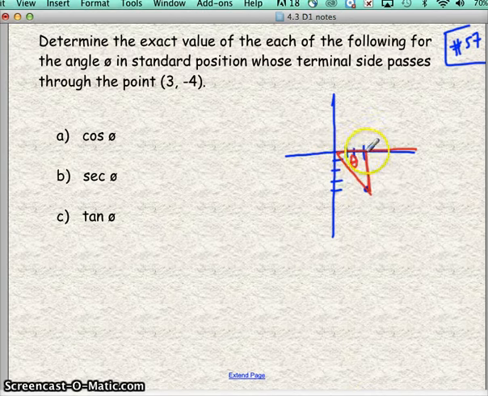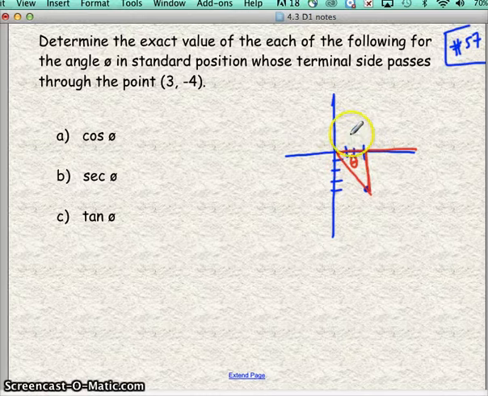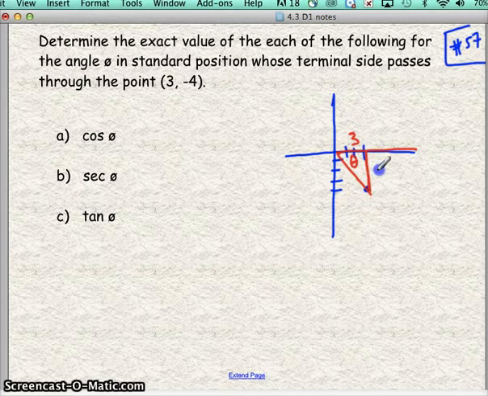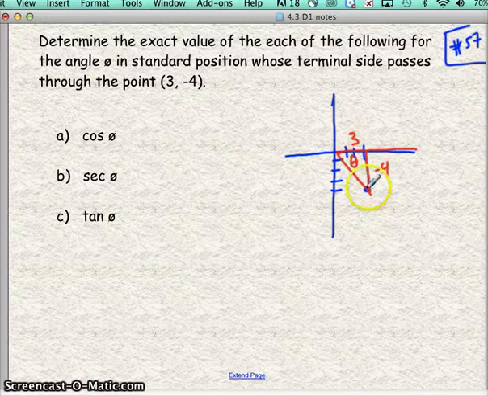We know that this side up here has a side length of 3. And we know that this went down 4, and I'm going to use a -4. Even though we're talking about the length of the side, and usually length has to be positive, we need the negative sign to indicate that this side is going down.